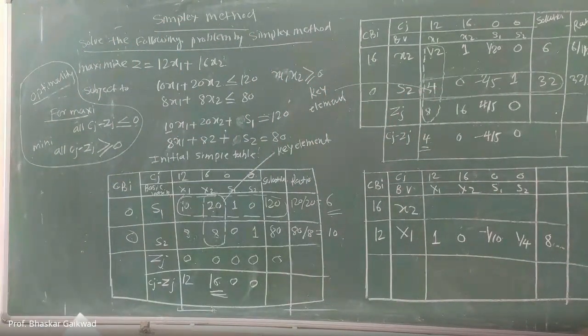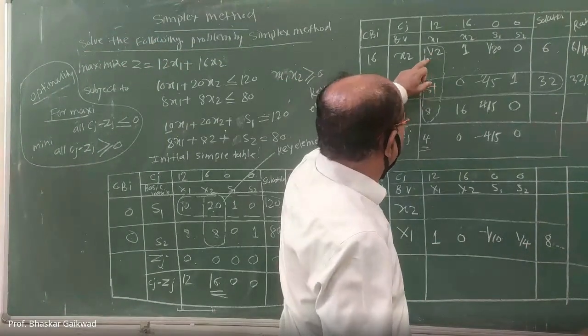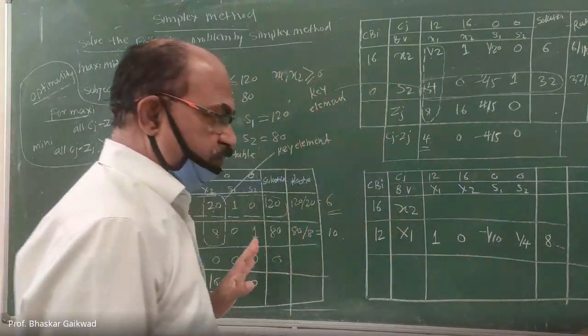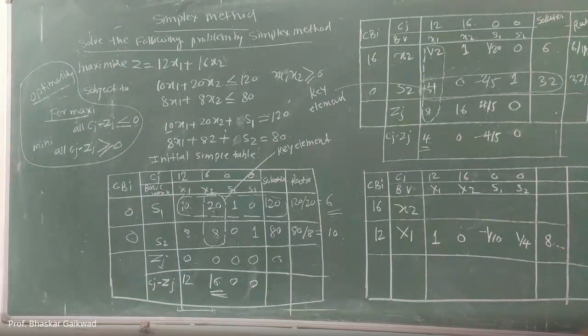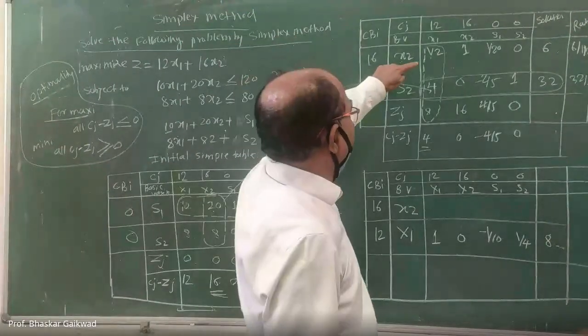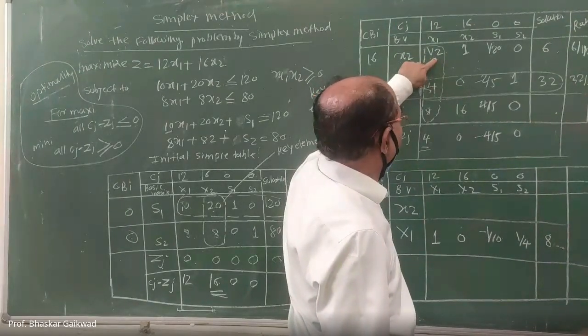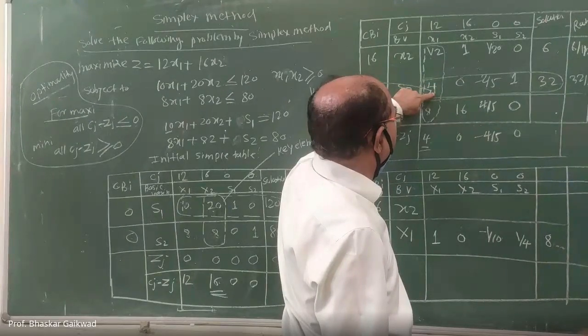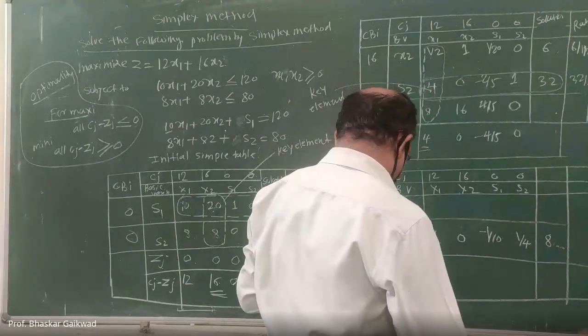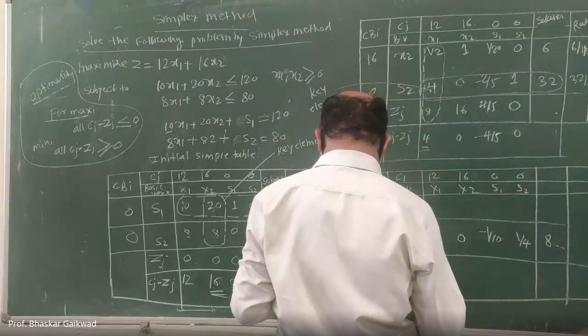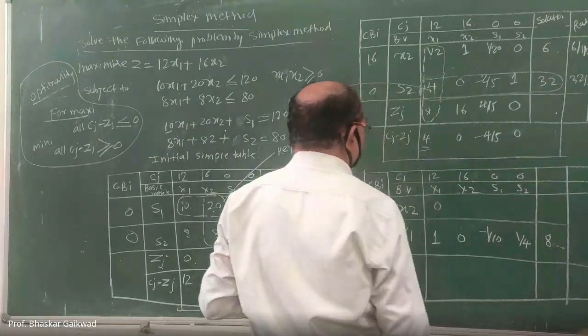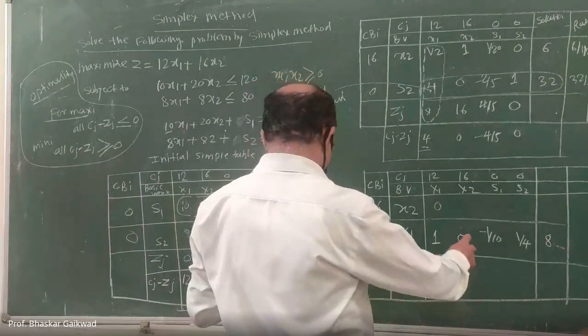Now this value, how to calculate this value? The previous formula you have to use. What is the old value? 1 by 2 minus corresponding row and corresponding column. So old value is 1 by 2, minus corresponding column value 1 by 2, into corresponding row value 4, divided by key element. Whatever answer you will get, this answer is here. Similarly, you can calculate this answer.